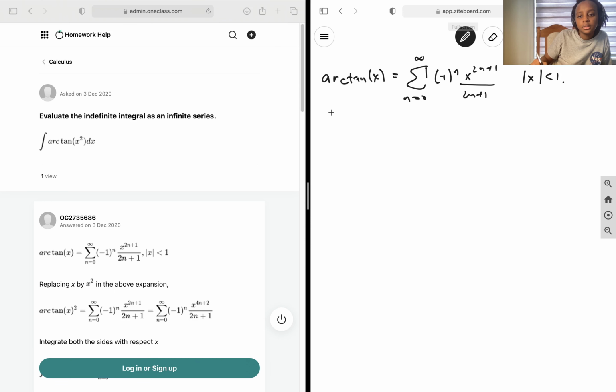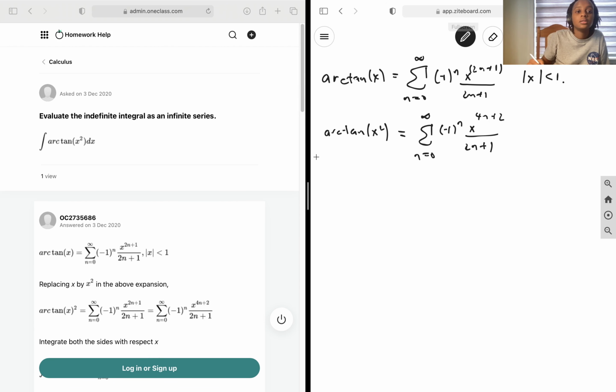Okay, and so this is going to mean that arctan of x squared, so x to the power of 2, we're just going to multiply this by 2. So n equal to 0 to infinity, negative 1 to the power of n, x to the power of 4n plus 2 over 2n plus 1.